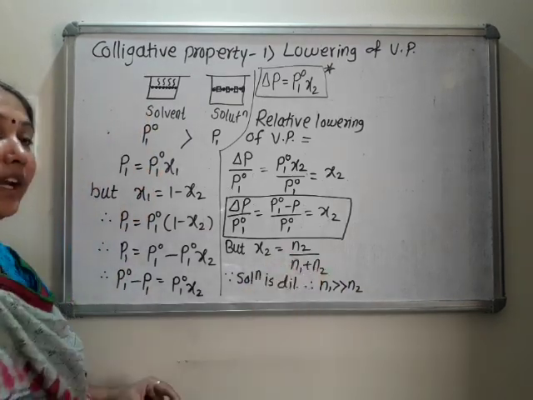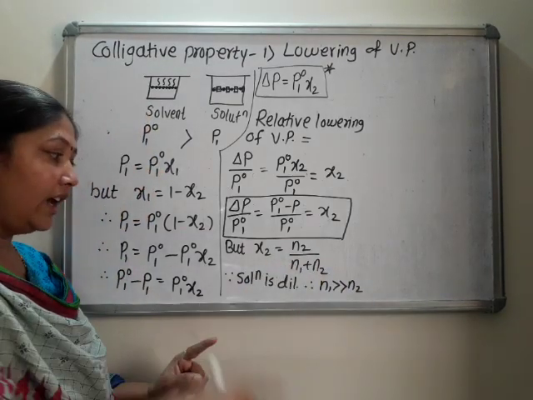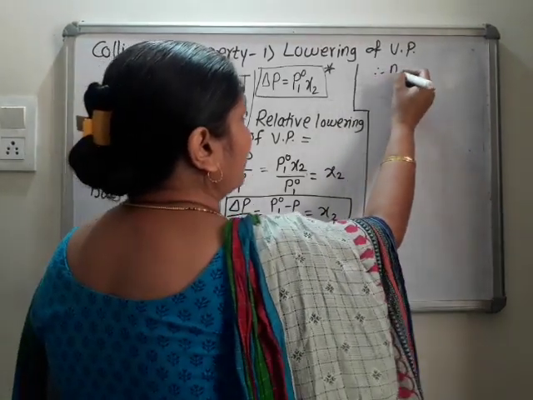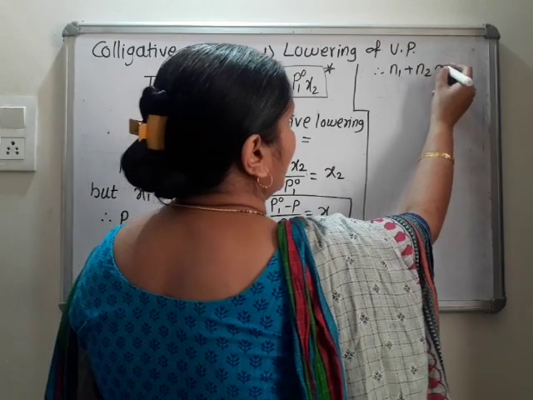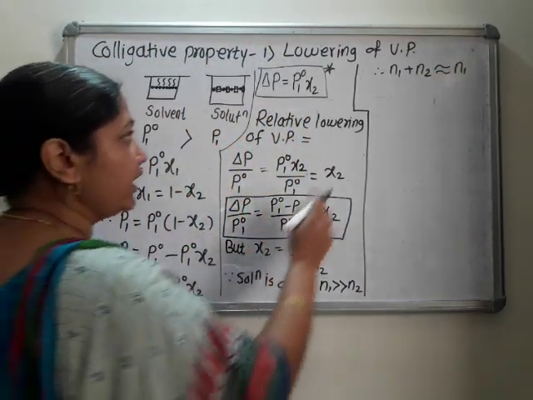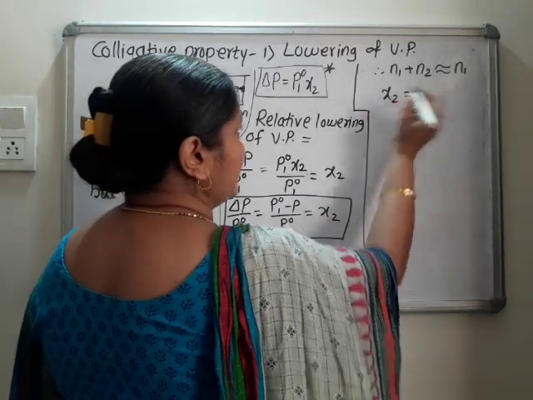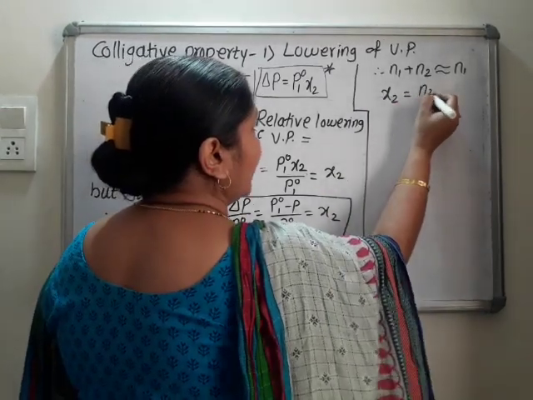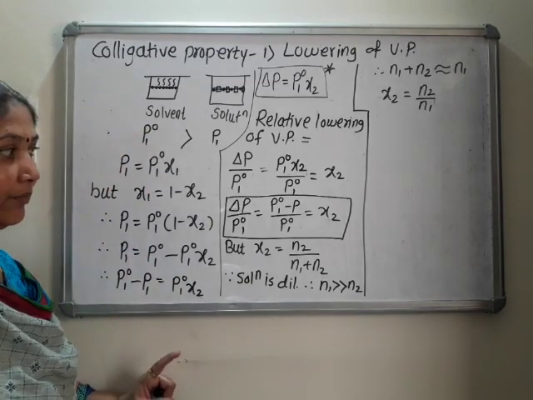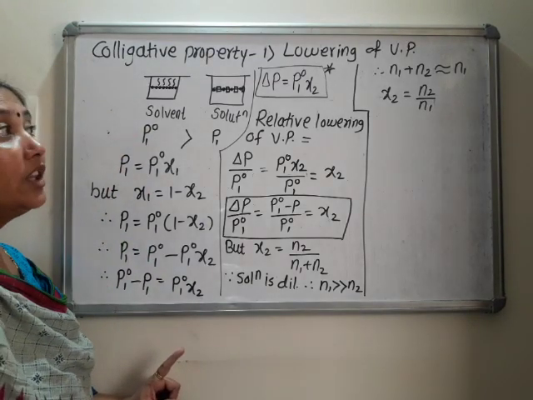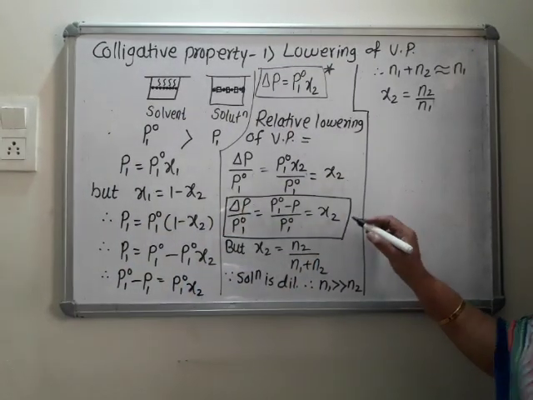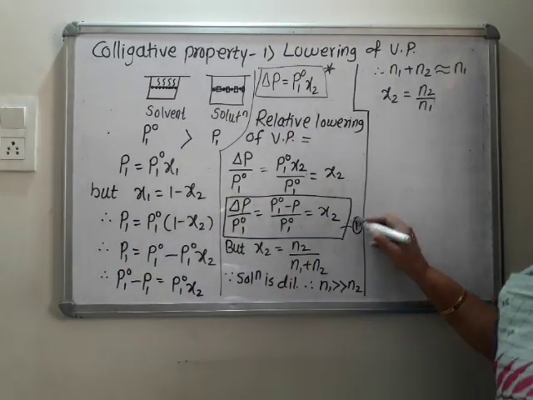Therefore, n1 plus n2 is approximately taken as n1. So what do we get? x2 is equal to n2 upon n1. Is this clear? Okay. Now, what is meant by n2? n2 is the number of moles of solute. Call this equation 1.